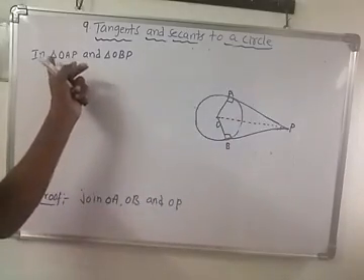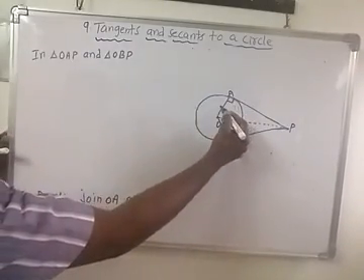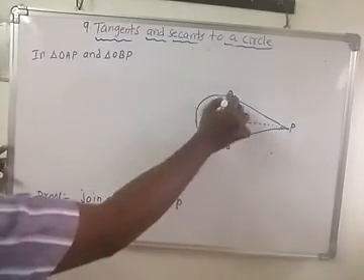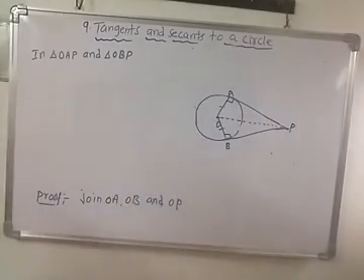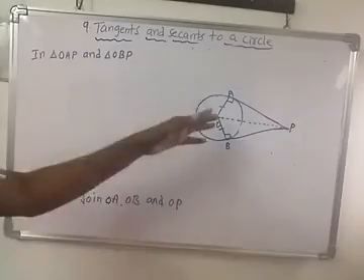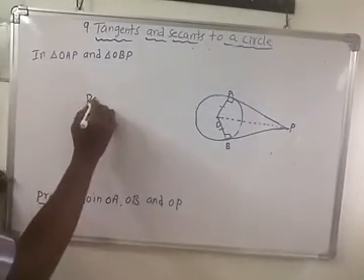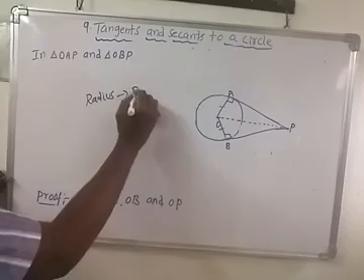Now in triangle OAP and triangle OBP, OA is equal to OB, because both are radii. OA is the radius of the circle, OB is also a radius of the circle. So radii are the same. The plural form of radius is radii.